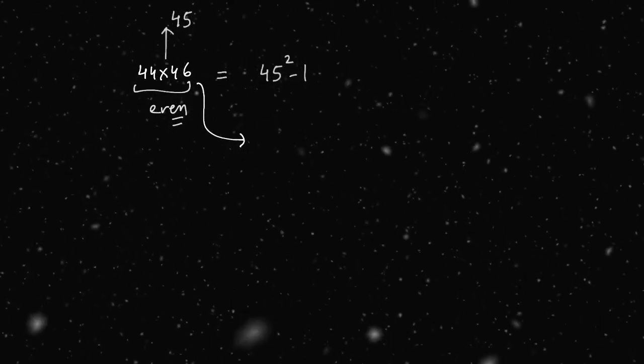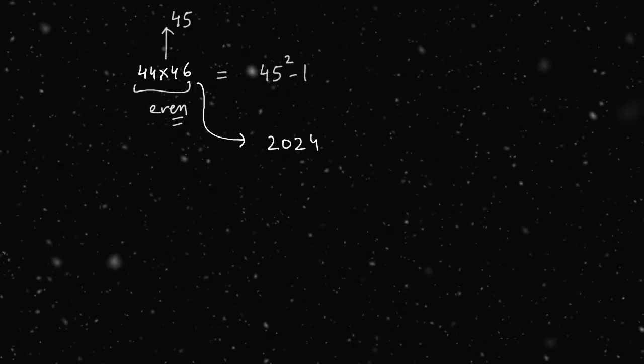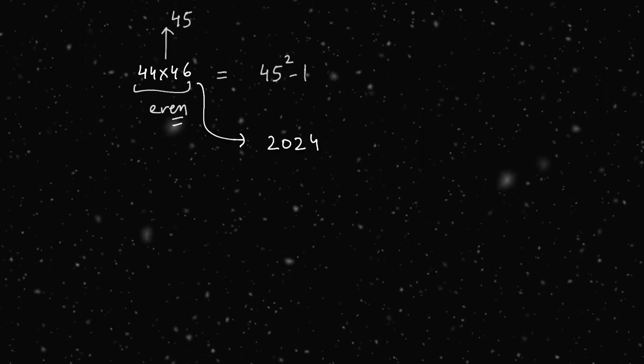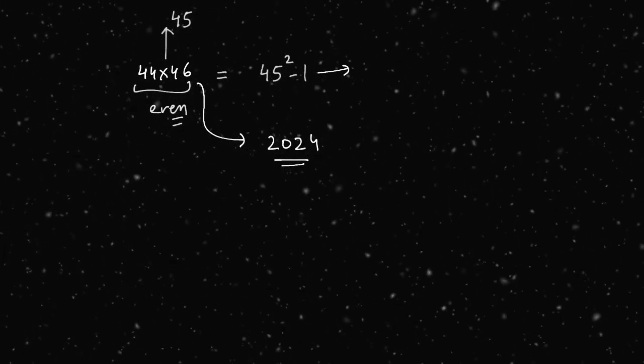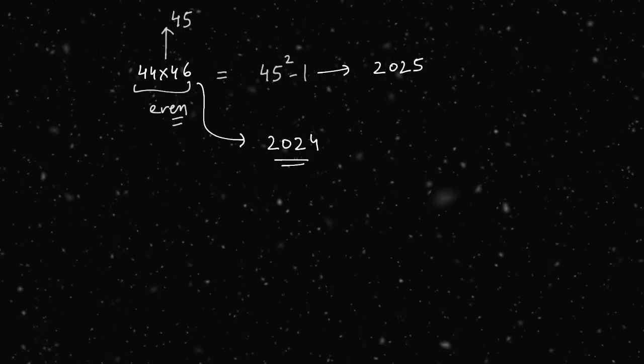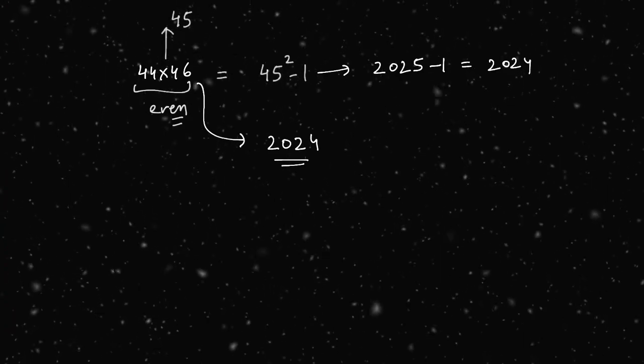If we multiply 44 and 46, we will get the result 2024. And we will do the verification from here, right? So what is the square of 45? That is 2025, and minus 1 gives you the result 2024. Clear?